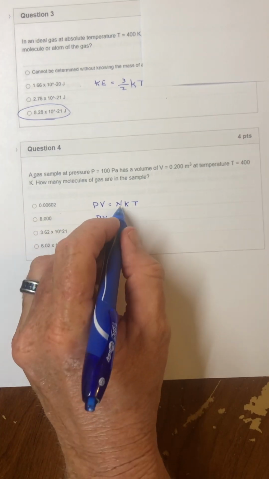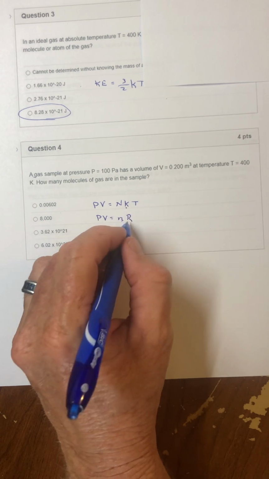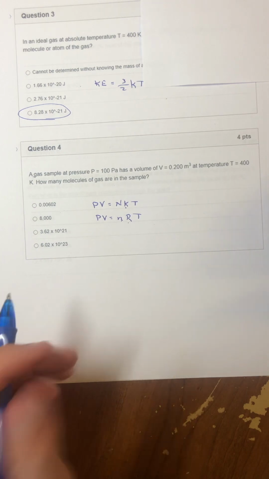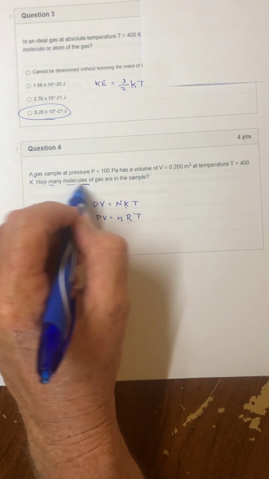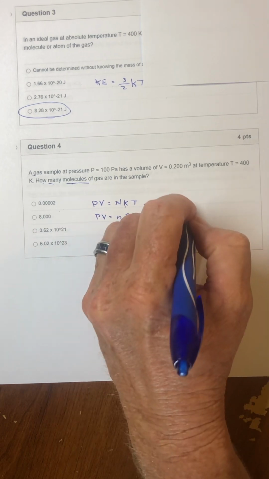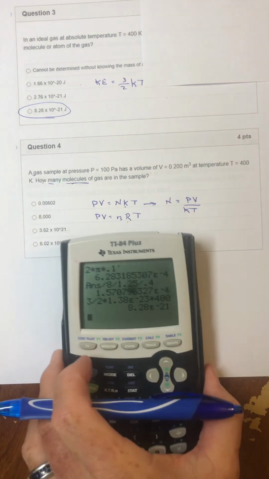Sometimes we write that instead of number of molecules, the number of moles, which would change the constant from Boltzmann's constant to the ideal gas constant. And so whichever one seems to be the most appropriate, and since this one says the number of molecules, I think this is the more appropriate one. We'll just take pressure times volume divided by Boltzmann's constant and the temperature.